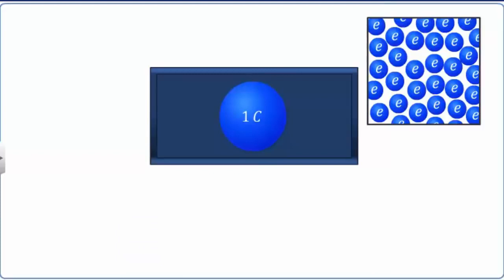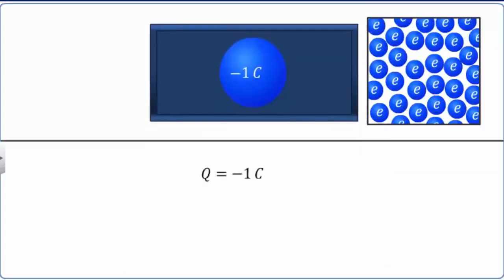Now, let us calculate the number of electrons 1 Coulomb of negative charge carries. Consider a body possessing a charge Q equal to minus 1 Coulomb. Let the number of electrons it has gained to become negatively charged be n. As the charge Q on a body is quantized, we have Q equal to ne, where the basic unit of charge e has a magnitude of 1.6 into 10 power minus 19 Coulomb, and Q equal to minus 1 Coulomb.